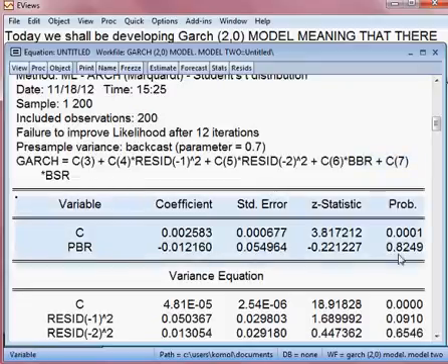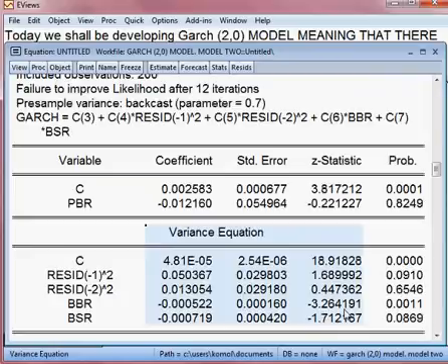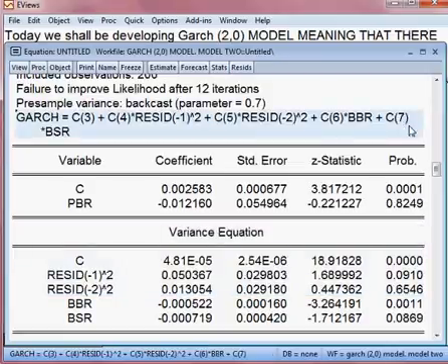The first one is the mean model, and the second one is the variance model. Actually the variance model is the GARCH model. You can see from here, right? That is the GARCH model. The GARCH model and the variance model are the same.